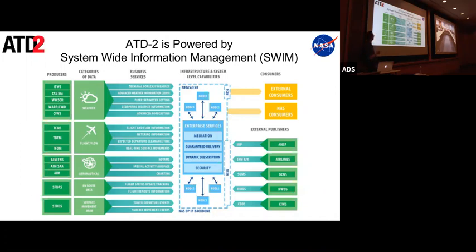So now all that data gets distributed to the cloud. And then from the cloud, that data can be consumed by all these different consumers. And so this has really enabled a lot of new technologies to drive efficiencies throughout the NAS. And this is essentially the architecture that is enabling the next generation of air transportation.